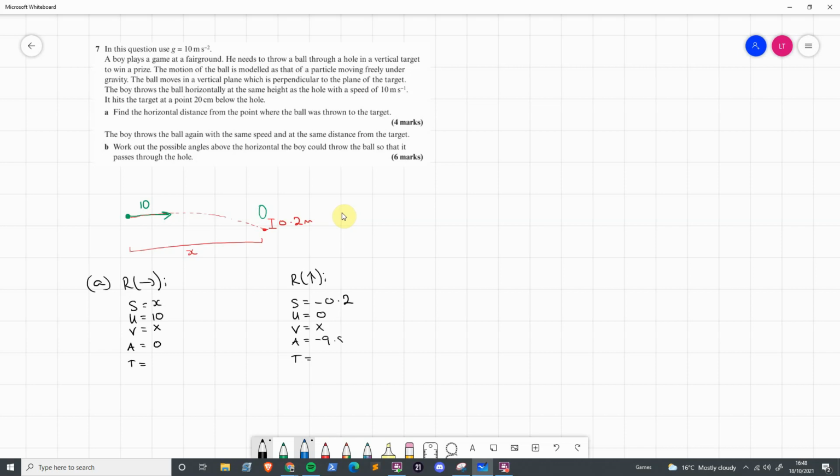The acceleration is minus gravity, and t, well, we'll go ahead and find that. So let's use s equals ut plus half at squared, so minus 0.2 equals, well, that turns to 0, and this turns to minus 4.9 t squared. So 0.2 equals 4.9 t squared. Let's divide by 4.9. Let's square root.